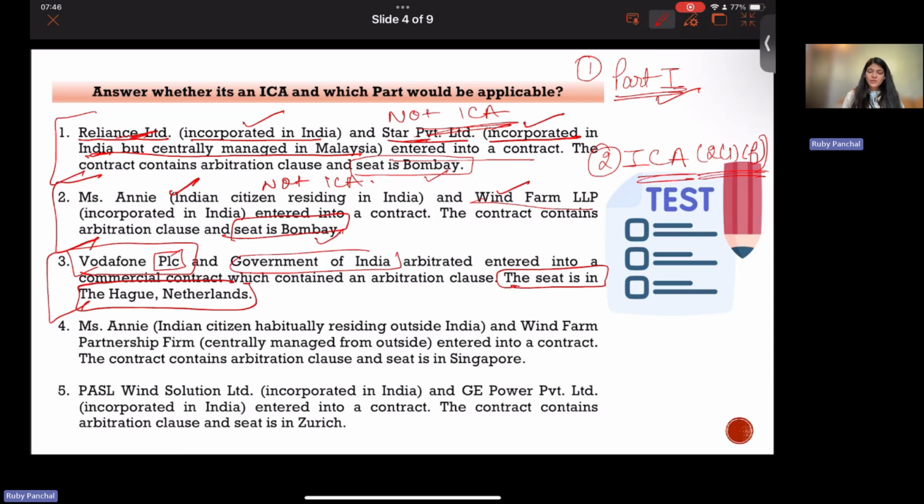So does Part 1 apply here? The answer should be no, because the seat is The Hague, Netherlands. For Part 1, the seat should be in India. So Part 1 does not apply here. Part 2 applies here. Right? So now, how do we figure out if it's an international commercial arbitration?